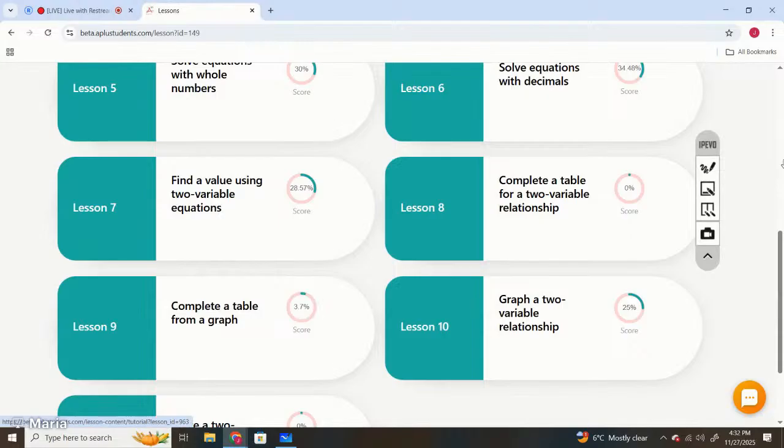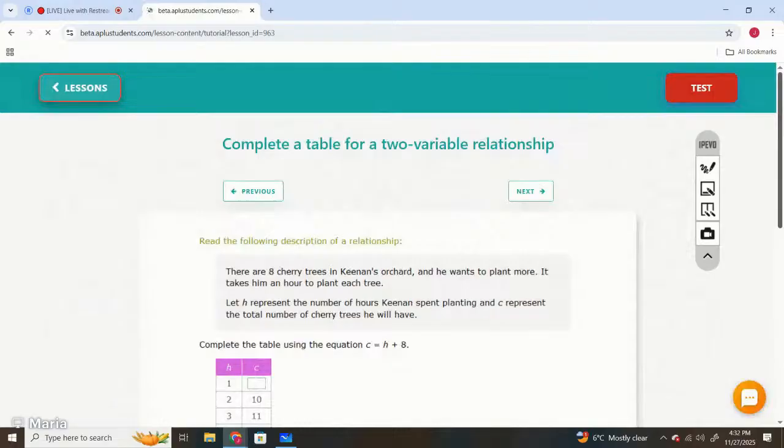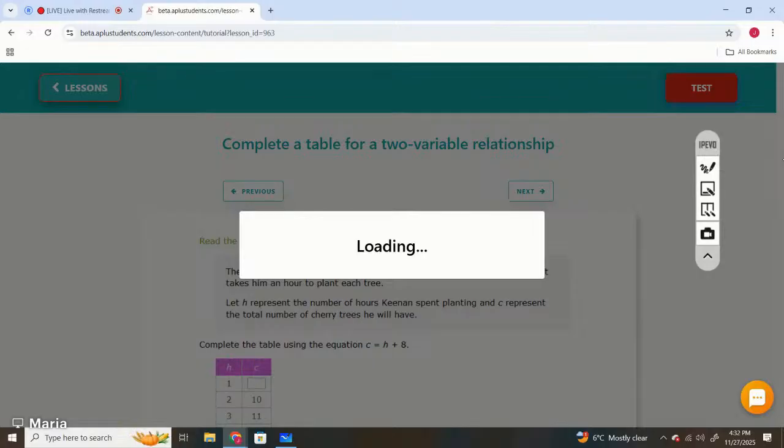Complete a table for two variable relationships. Let's just start with the test questions.